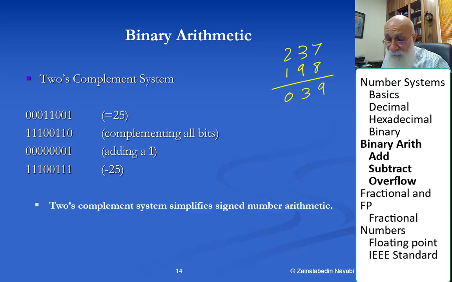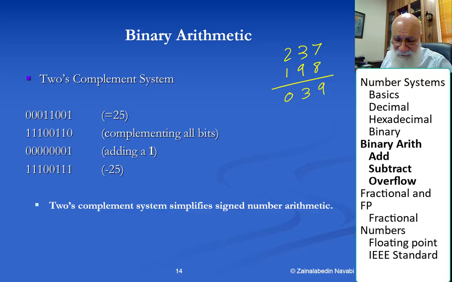So this is how I'm going to do it. Instead of using sign and magnitude, for example a 1 in the leftmost position for 25 to make it minus 25, I'm going to use a different procedure. I use what is called 2's complement numbers.